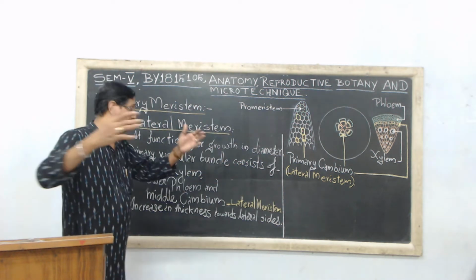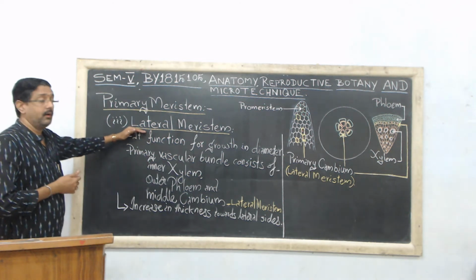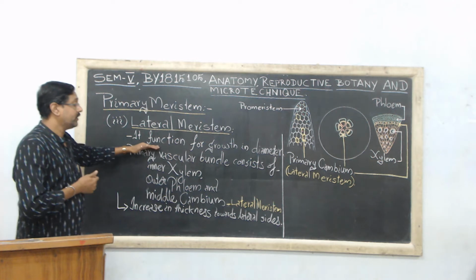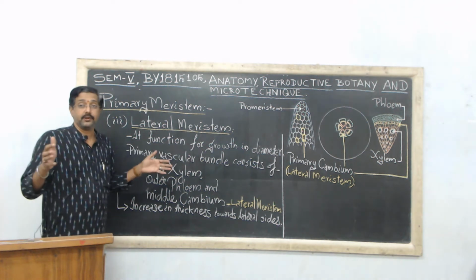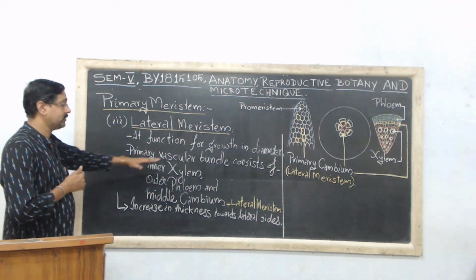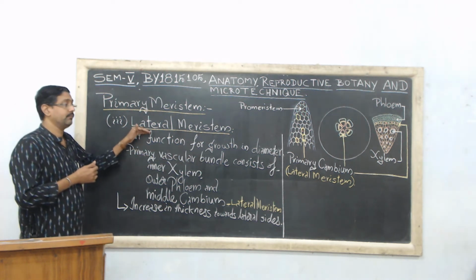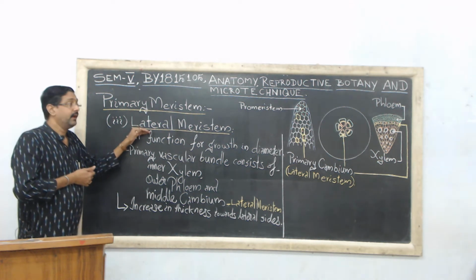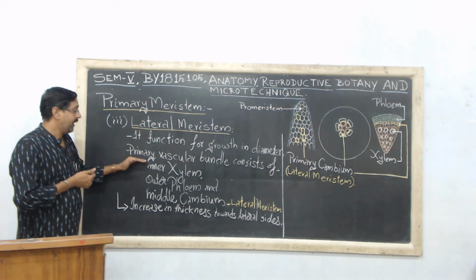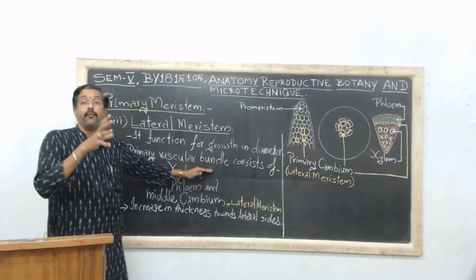Okay, so here the prime role of lateral meristem is to function for growth in diameter, and from the lateral meristem, actually the primary vascular bundle is formed.